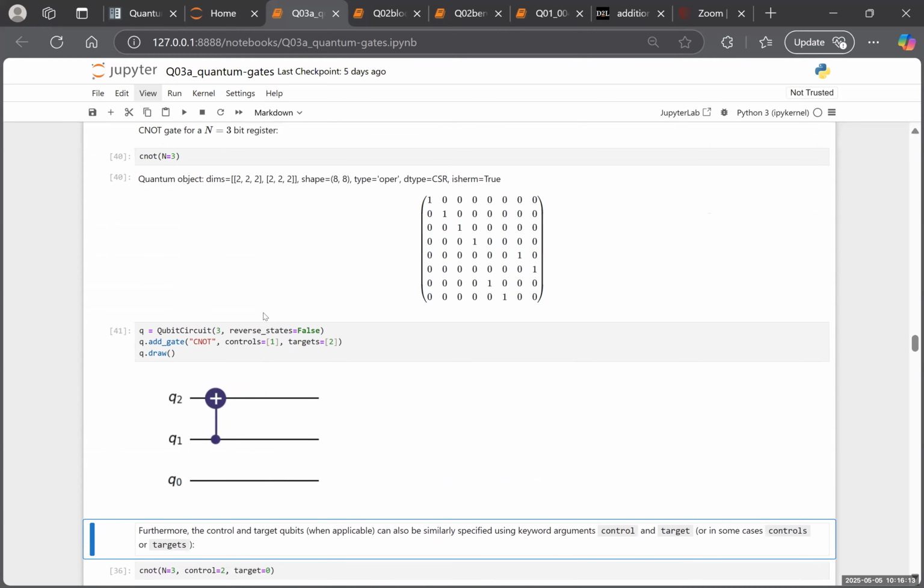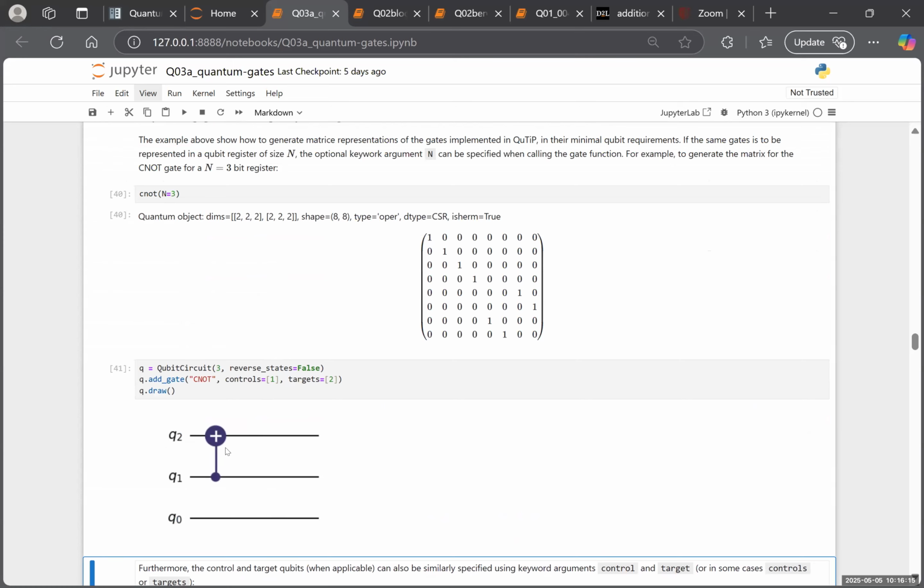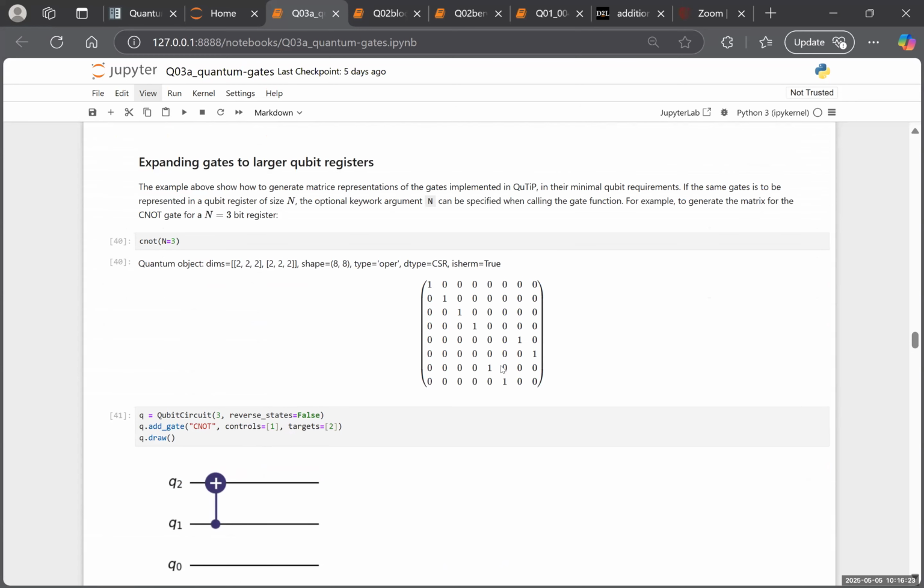So this CNOT with 3 qubits, and this is the one you can specify. Okay. I think this one is really just CNOT for 2 qubits, but then the additional qubit is not doing anything, should be identity.